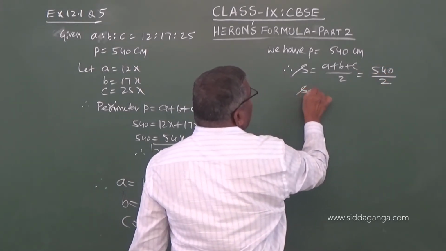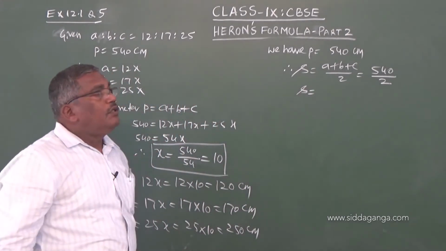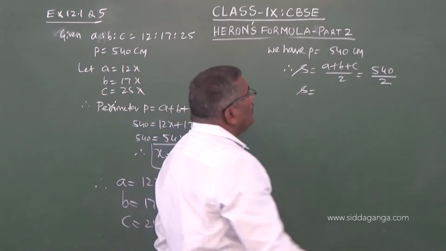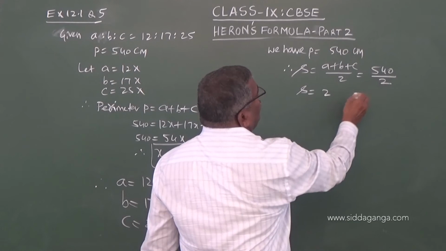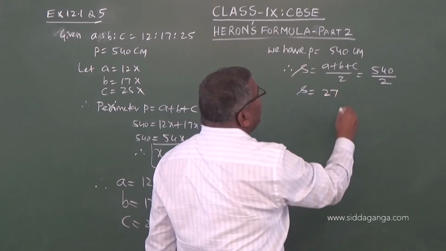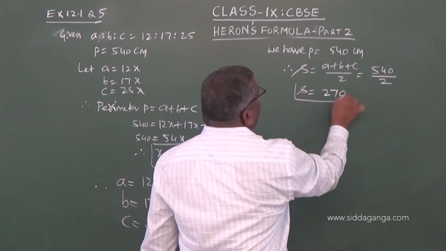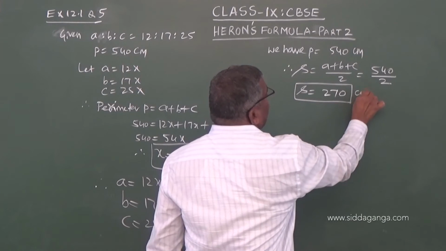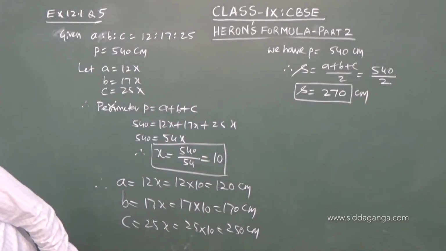So S equals 540 divided by 2, which is 270. So the semi perimeter is 270 centimeter.